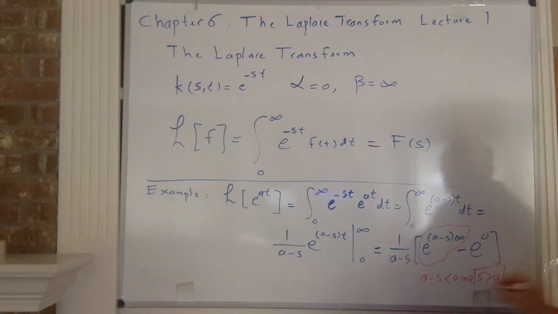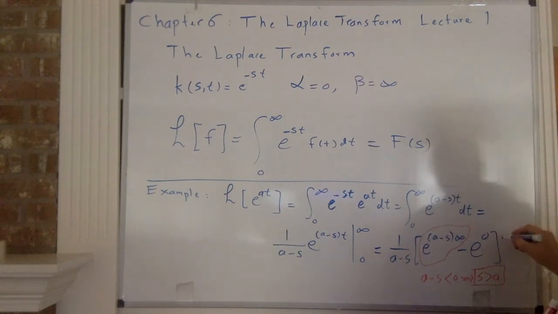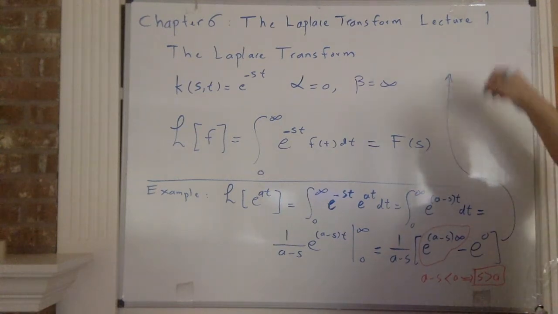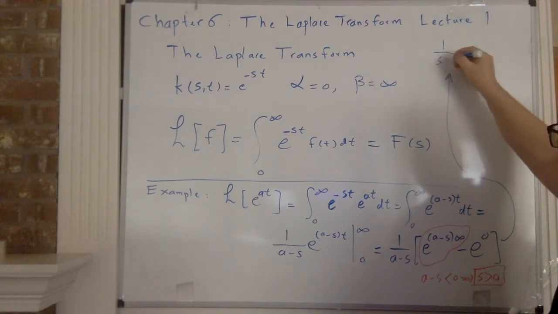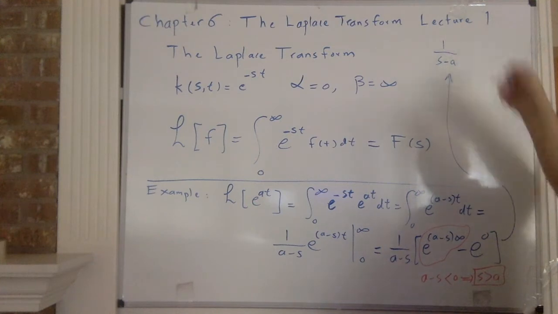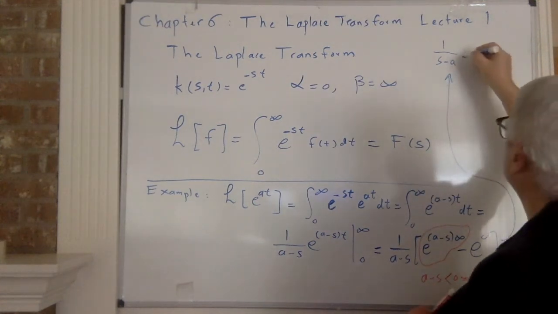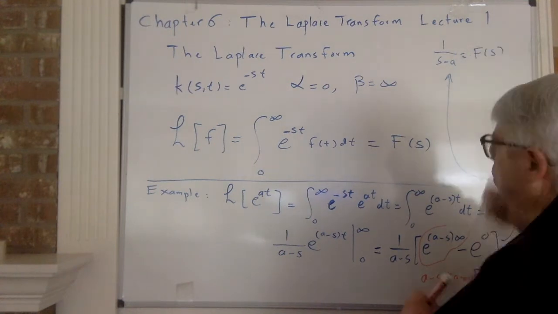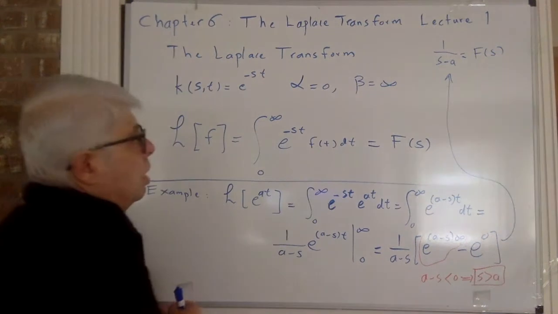So this is the condition that we have here, and if that happens, then this becomes 1 over s minus a. You see there's a negative here, so I apply the negative, that's it. So that's 1 over s minus a, and that's my F(s).